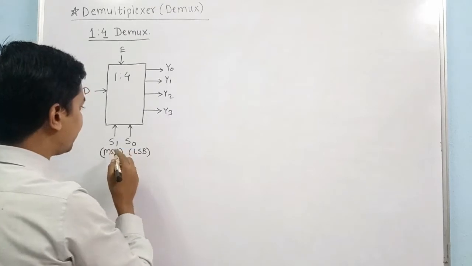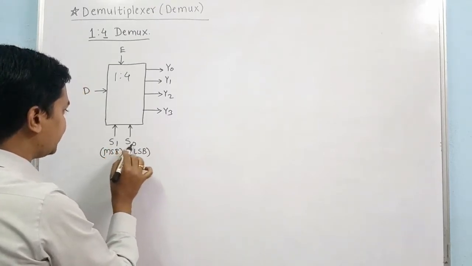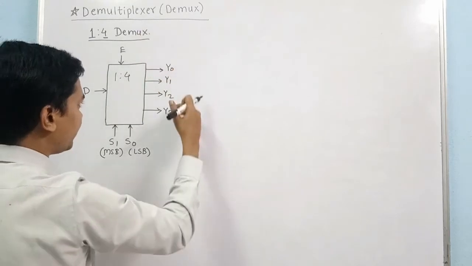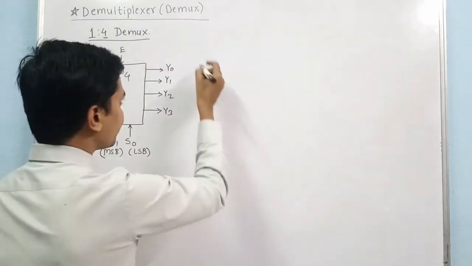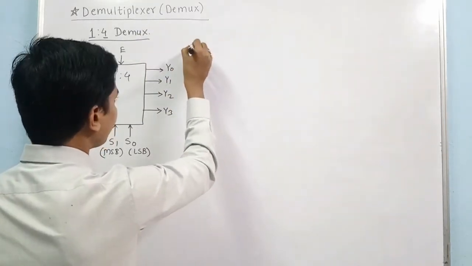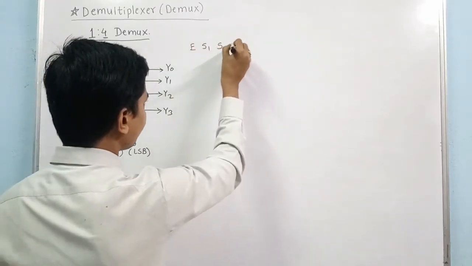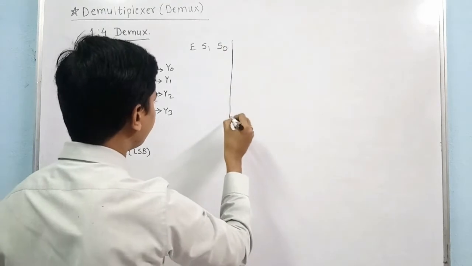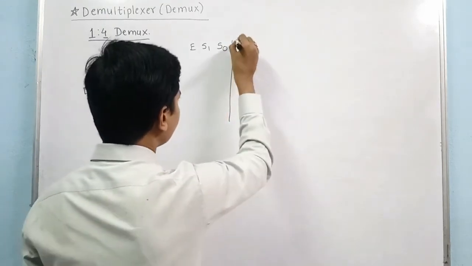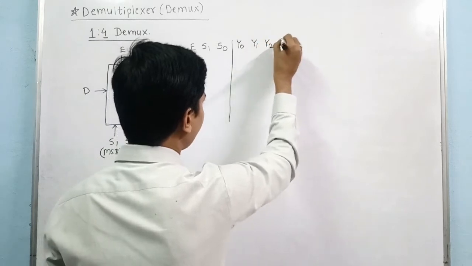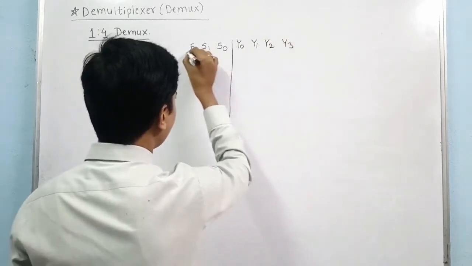So for the truth table we consider only S1 S0 E as inputs, and Y0 to Y3 as outputs.